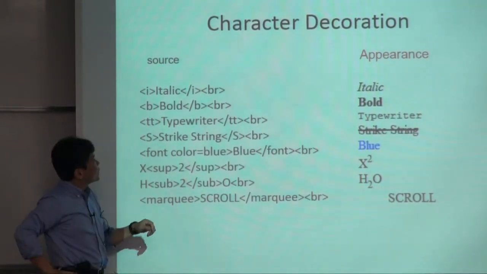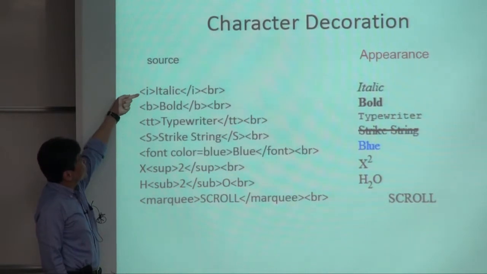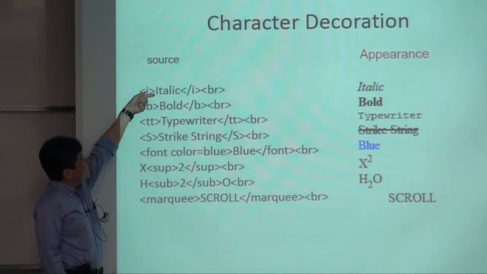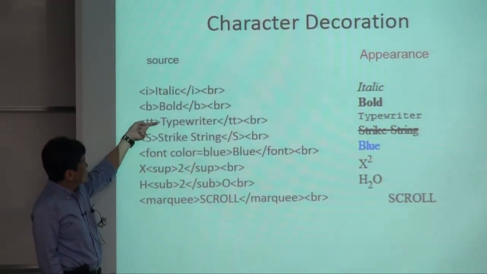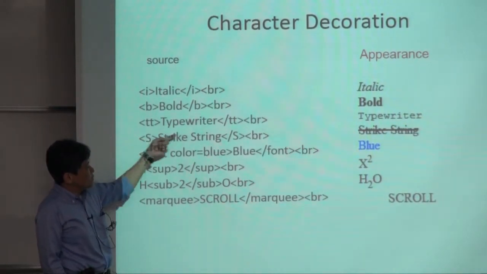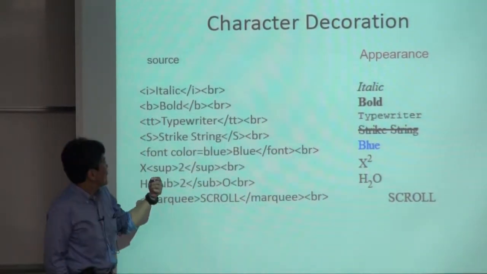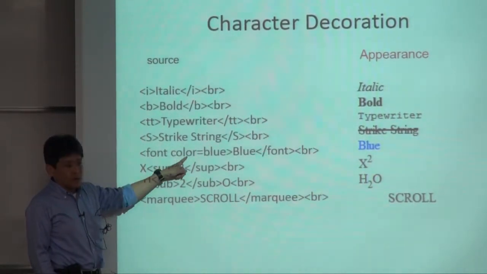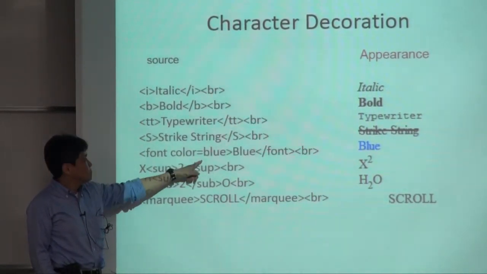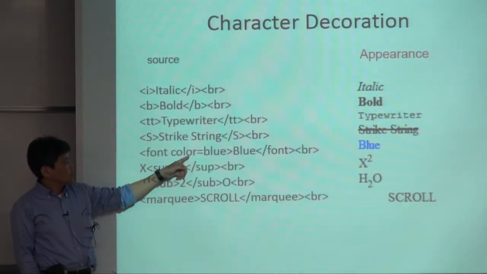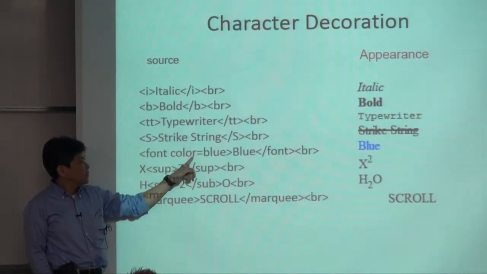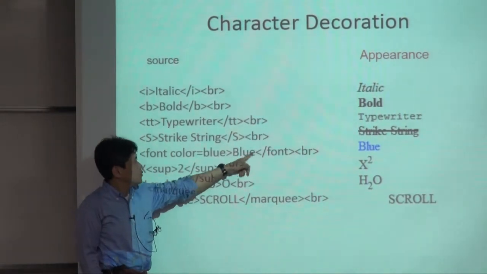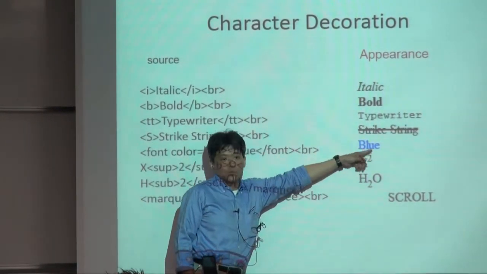Of course, you can specify some character types: italic, bold, typewriter type, strike string, like this. And you can change the color using a color parameter. For example, you specify font color equal blue. So this character becomes blue like this.